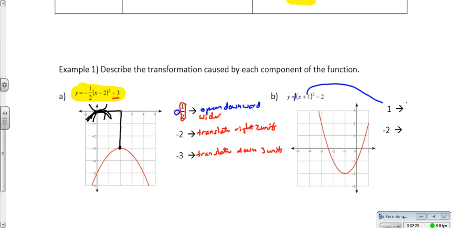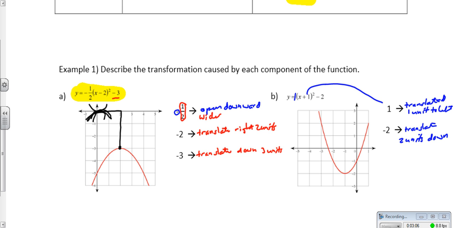It translated 1 unit to the left, because +1 we do opposite; left and right movement is inside the parentheses, and it's opposite effect. The -2 is vertical shifting, and that affects as it is, so this is a translate 2 units down.